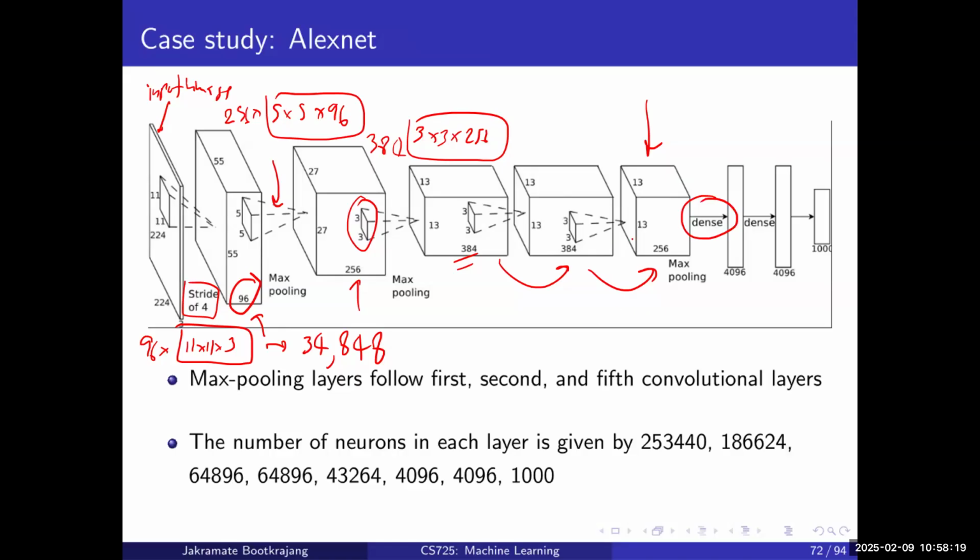So this then means that this 13 by 13 by 256 will be connected to all the 4096 neurons in the next layer. So this becomes fully connected.